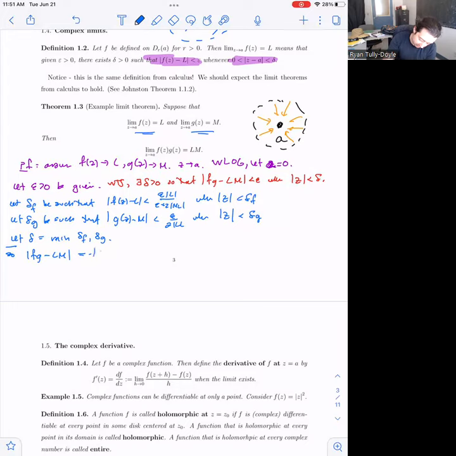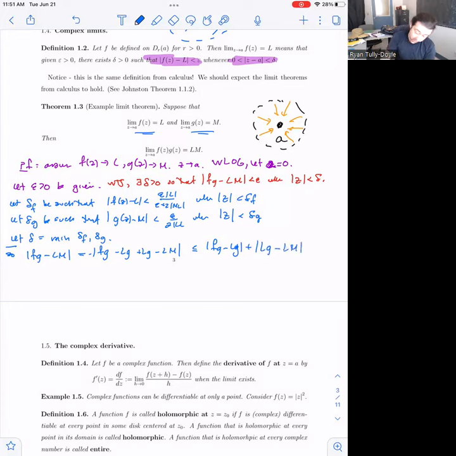So this is going to be equal to |fg − lg + lg − lm|. Now I'm going to hit this with a triangle inequality. So this is less than or equal to |fg − lg| + |lg − lm|.